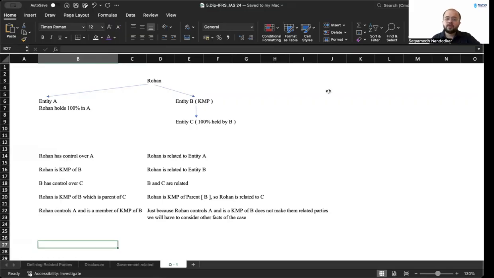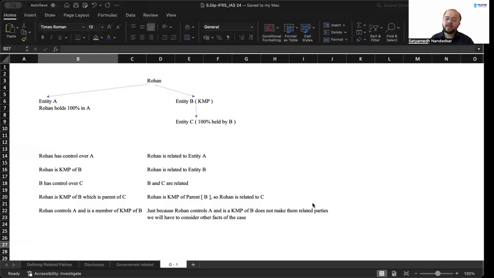So if you are a student of Diploma IFRS, then this is a supporting standard. What do I mean by a supporting standard? This is not going to be tested as an independent question in the exam. It could be a small part of a bigger question. If you are a student preparing for the Strategic Business Reporting SBR paper of ACCA, please keep in mind that for you as well, this is a supporting standard.